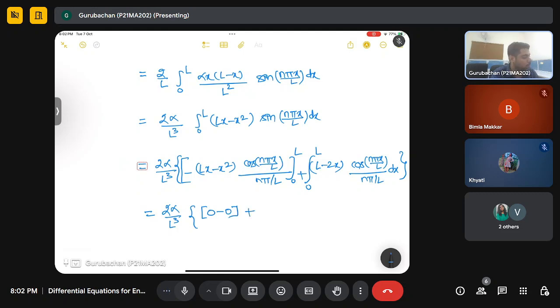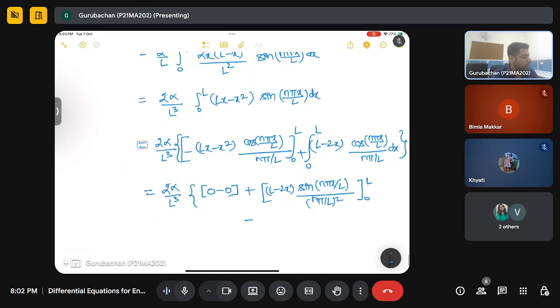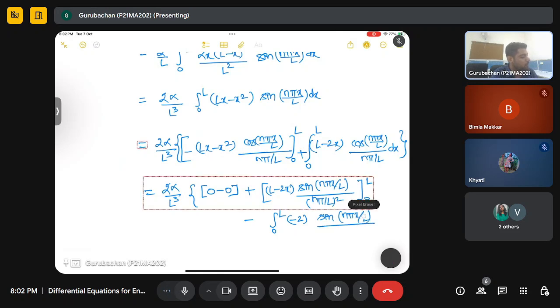So plus L by n pi, from 0 to L. If you integrate this one, L minus 2x gives you sine n pi x by L divided by n pi by L square, from 0 to L, with negative sign, and the derivative will be minus 2, and here it will be sine n pi x by L divided by (n pi by L) whole square dx.